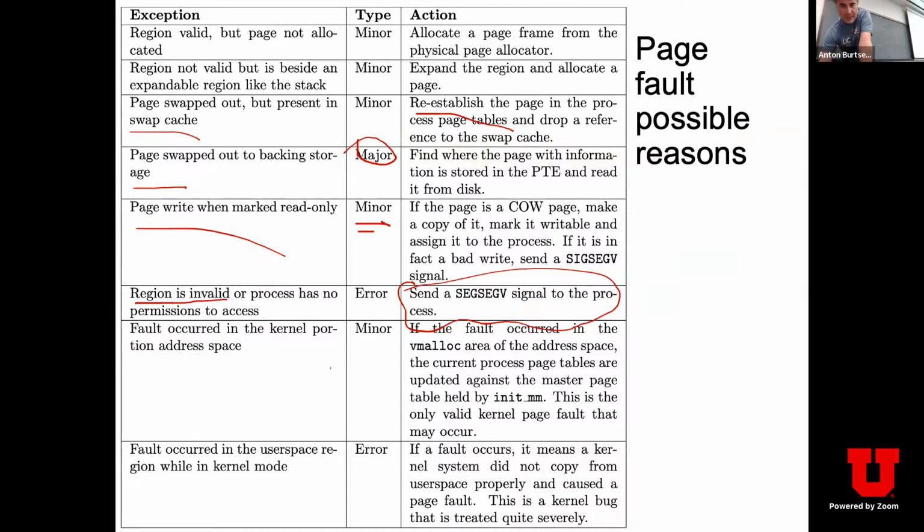There's also a case where the fault can happen in the kernel part of the address space. Typically, it's related to the vmalloc area, because vmalloc is also lazily managed, right? So remember, it's similar to virtual memory areas. There will be a separate similar data structure, and the backend memory is never allocated eagerly.